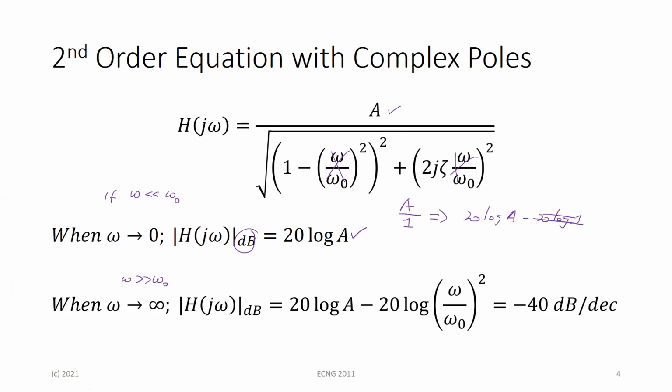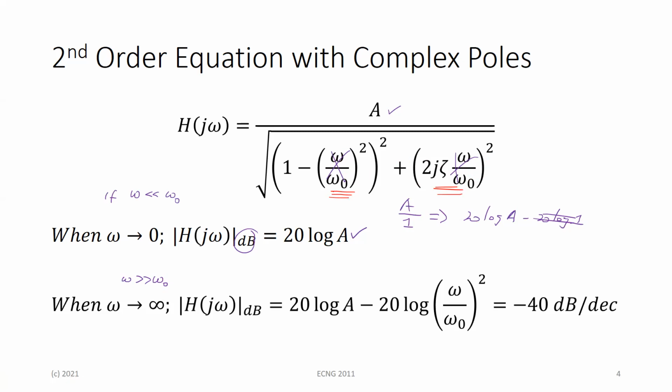Notice this factor here is basically omega over omega naught to the power 4. You could forget the one for the time being. Here we have omega over omega naught to the power 2 squared. So as omega gets very large, this dominates this.